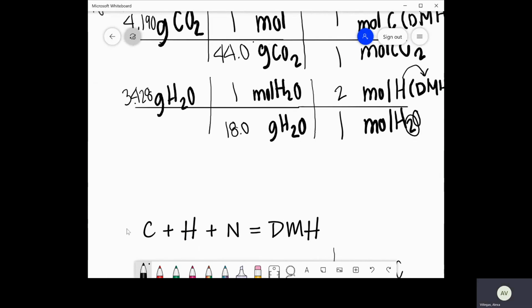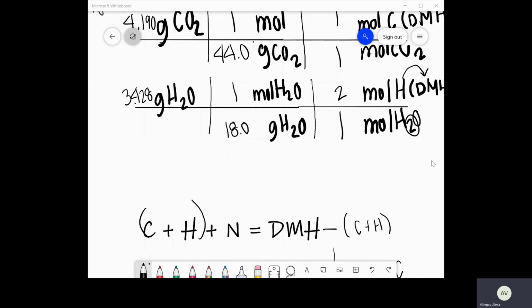Now, we know that there are 3 components to this reactant that we're trying to make. There's carbon, hydrogen, and nitrogen. We know that the total of those are going to make your reactant. Therefore, to find nitrogen, take what you know, this minus the mass of this, we can find nitrogen.